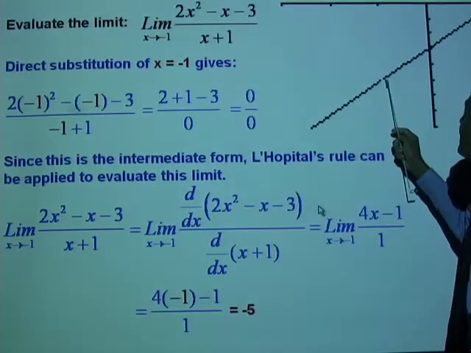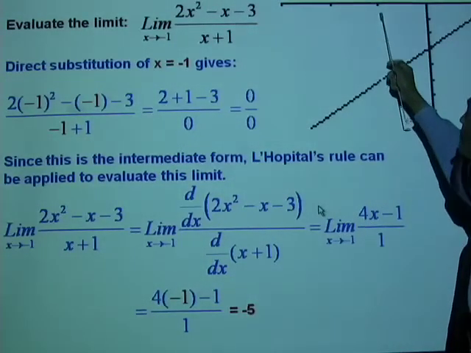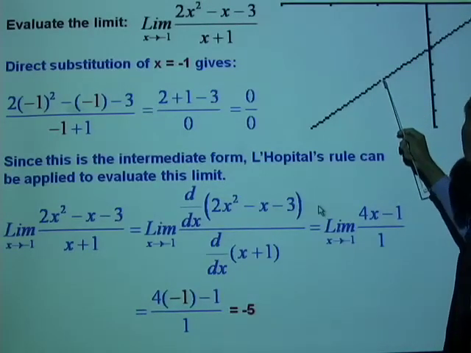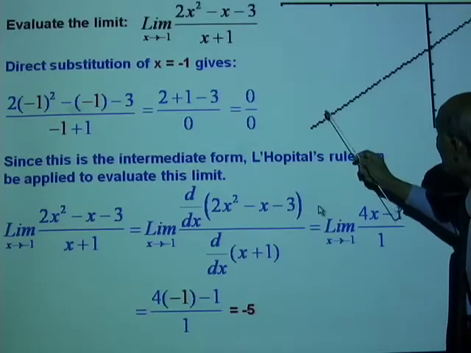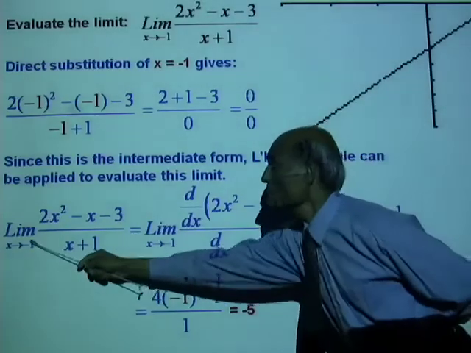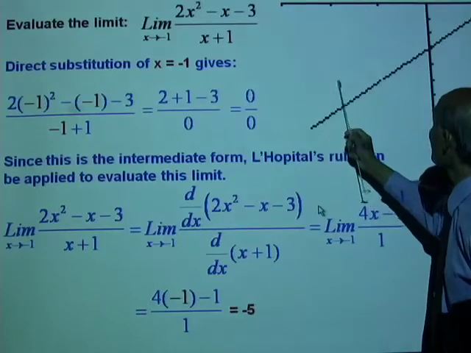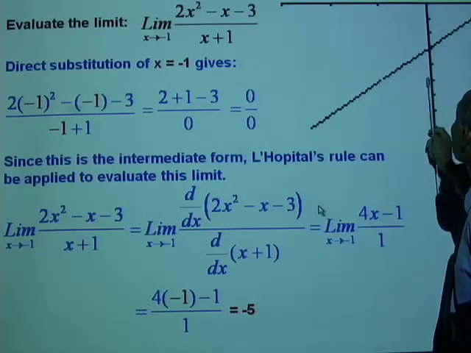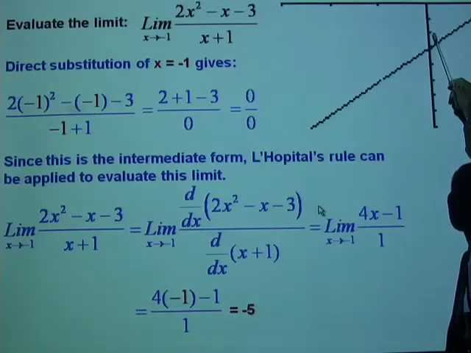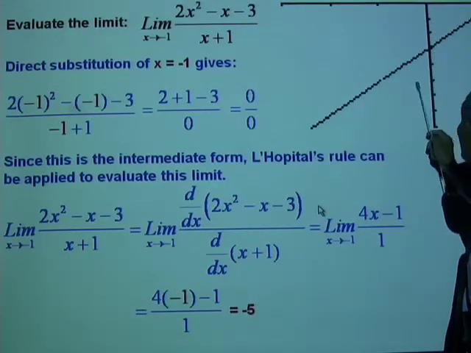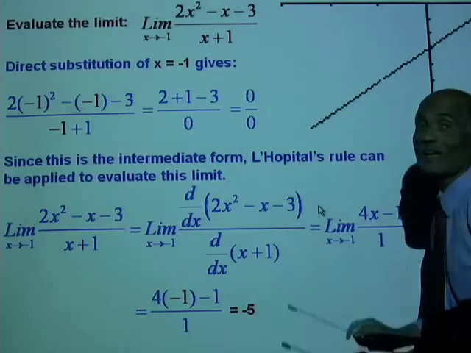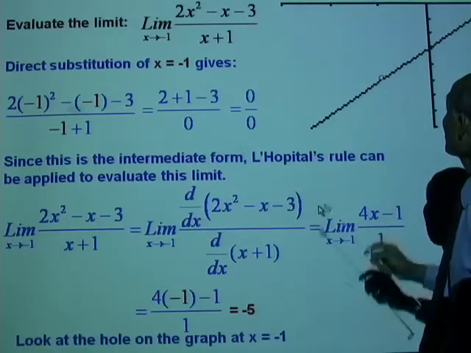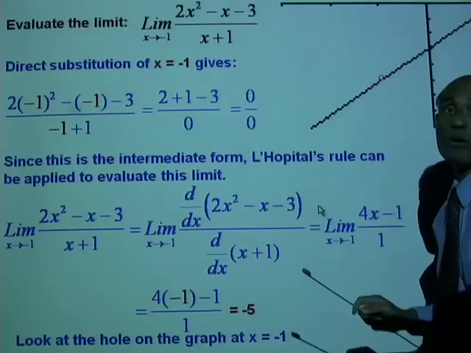I don't know whether you can see it, but this is x equal to negative 1, and you have a hole there. The limit as x approaches negative 1 from the left as well as from the right is negative 5. That's the limiting value there. And I've shown you that hole.